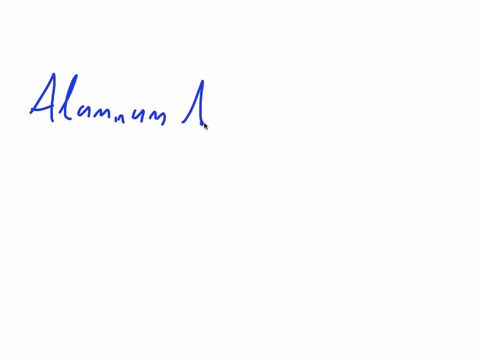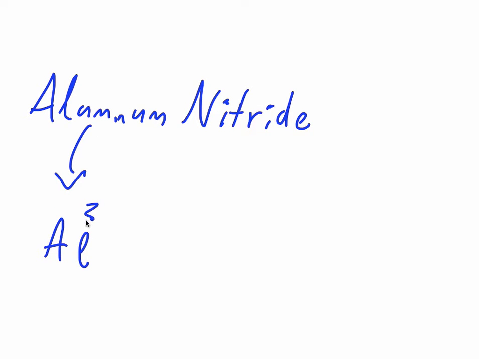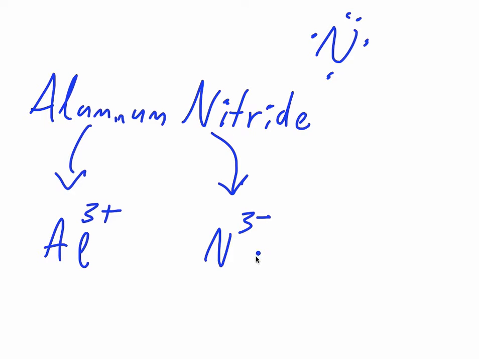So let's say now we had aluminum nitride. It's common, we've heard of carbon dioxide or sodium chloride, etc. So we know that aluminum has 3 valence electrons, so it's got a 3 plus charge. Nitrogen has 5 valence electrons, 1, 2, 3, 4, 5. So it's easier for it to gain 3 than lose 5. So N 3 minus.